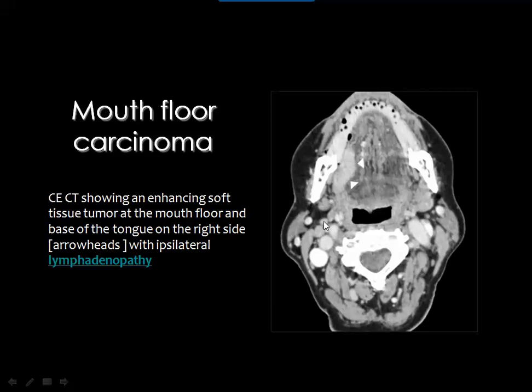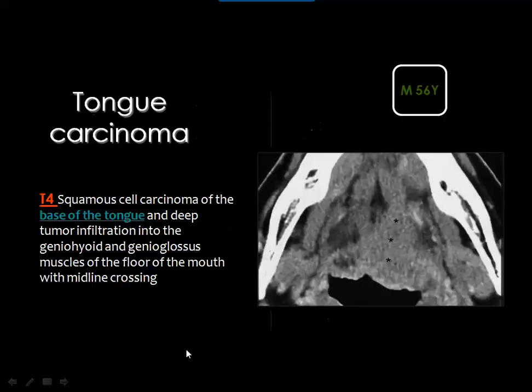This is one lymph node, and this is the second one. Then you have some metastatic lymphadenopathy ipsilateral to the tumor. And this is also an example which shows a mass with relatively well-defined borders.